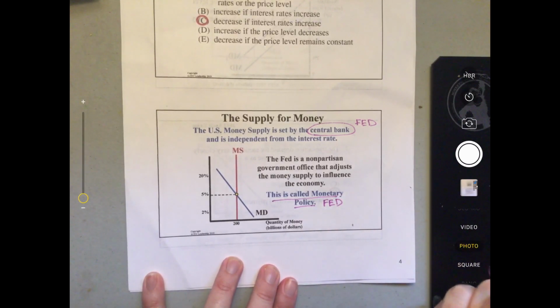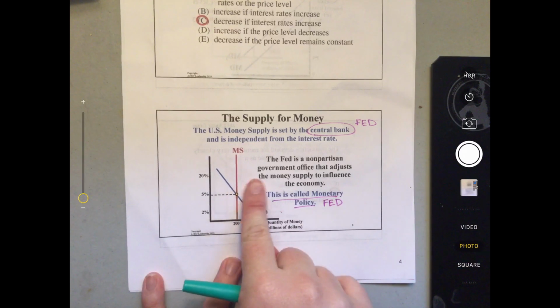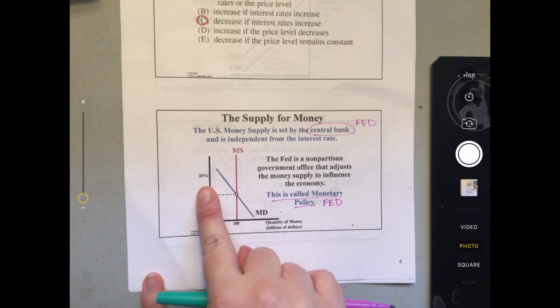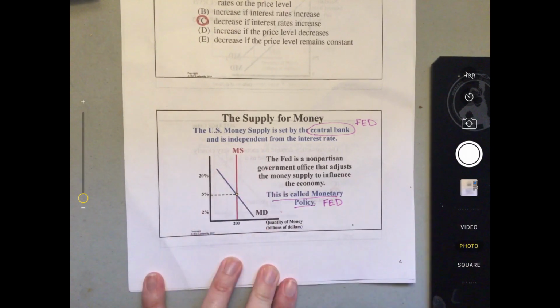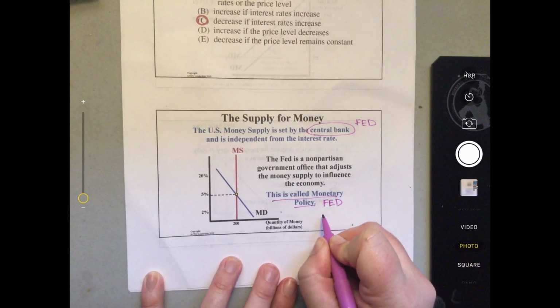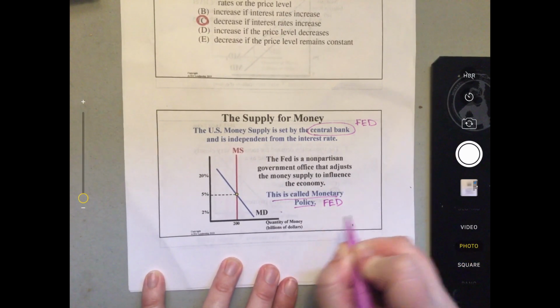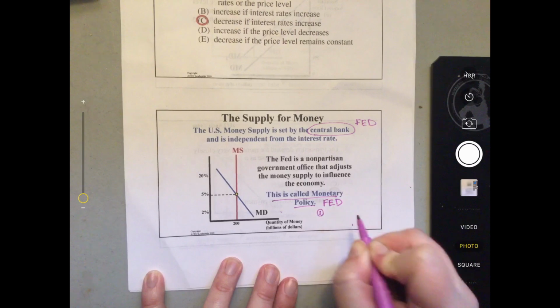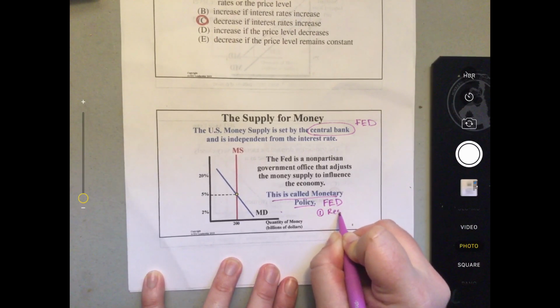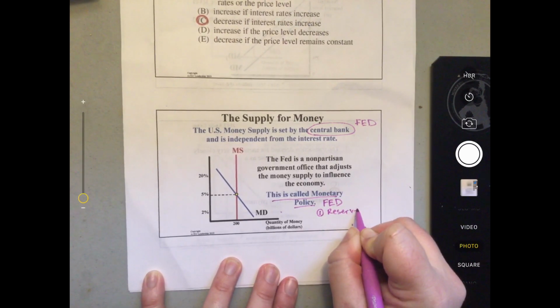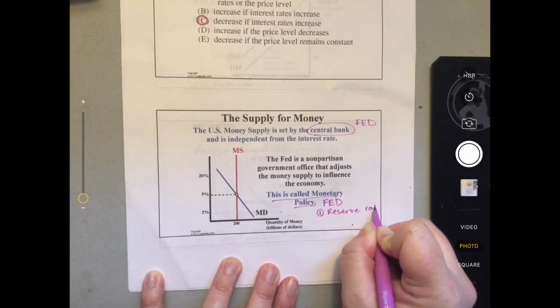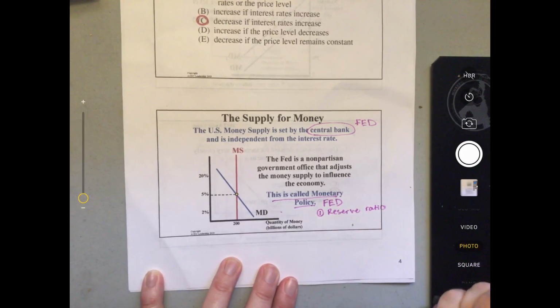And they have 3 different ways they can increase or decrease the money supply. I'm just going to go over them quickly here, but you will go through them more in 4.6. One is they can change the reserve ratio, which is how much the banks have to hold of the checking accounts.